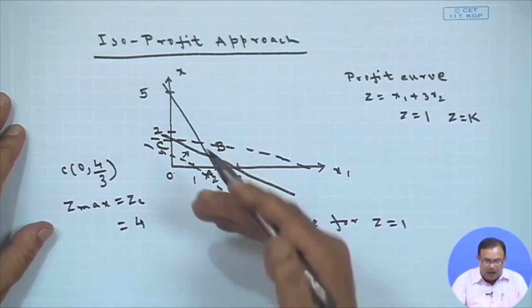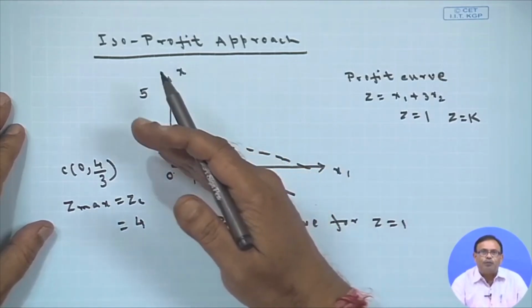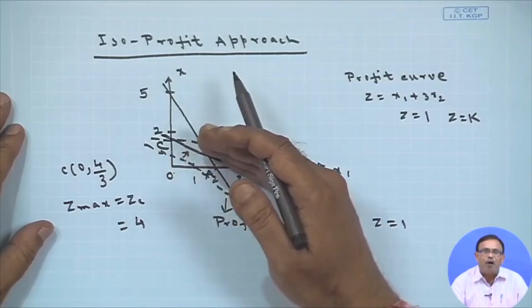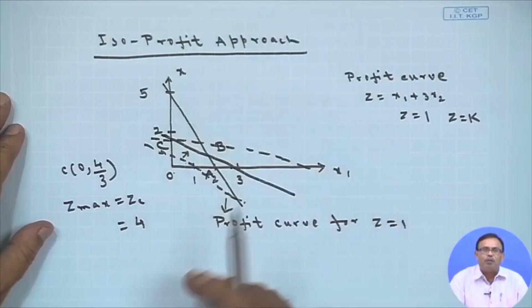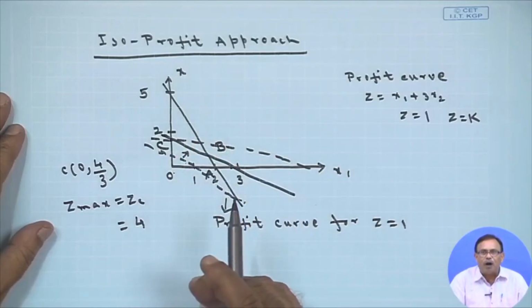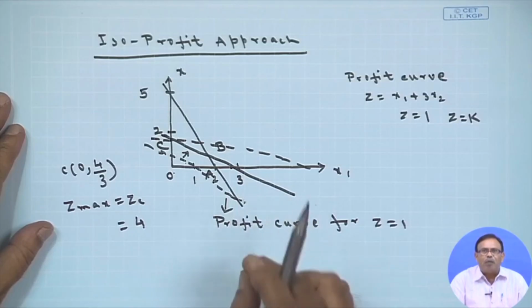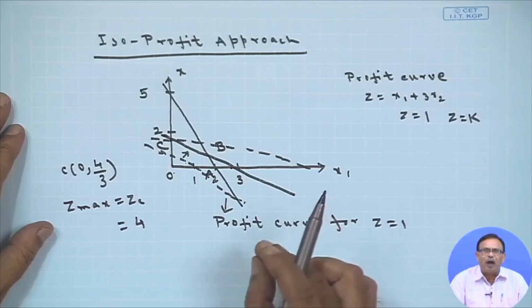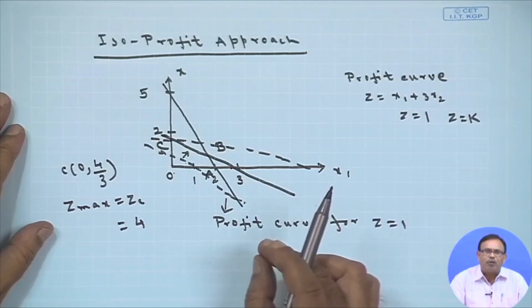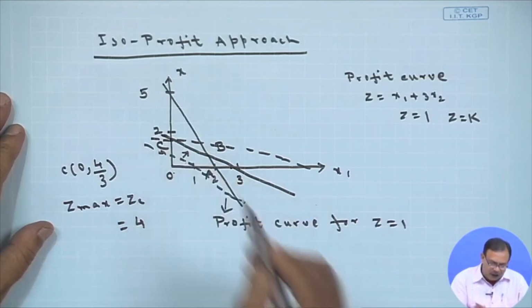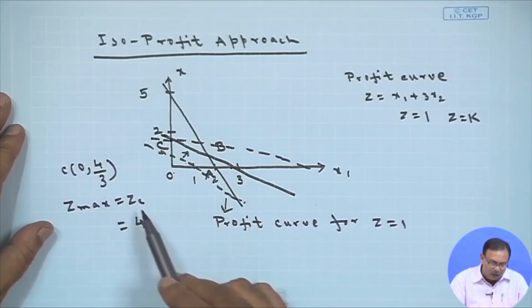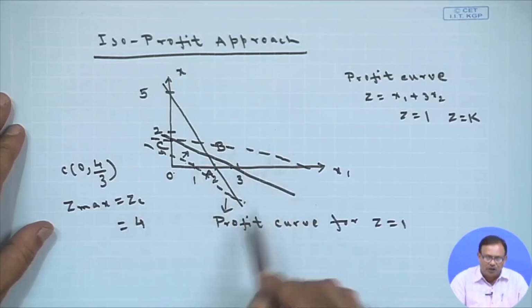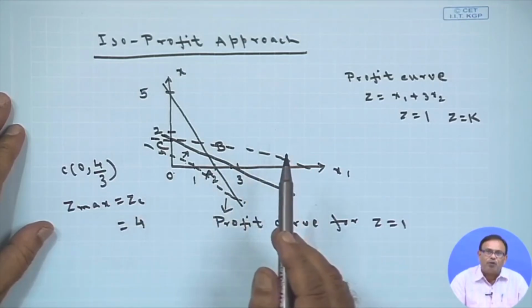So, the basic idea is to move the line away from the origin, so that your profit becomes optimum, and at some boundary point it will cut where you will get the maximum value of z. For this particular problem, you obtain the maximum value of z at the point C. Therefore, your optimum value remains the same. So, this is the isoprofit approach.